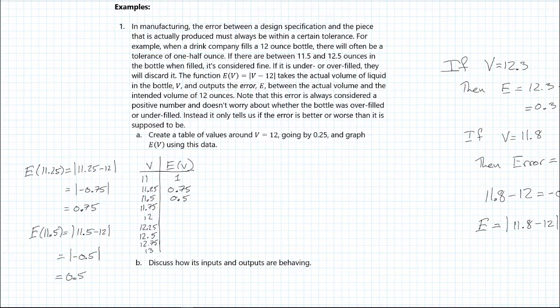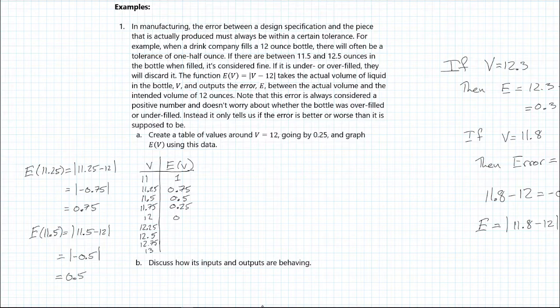And I can put that in the table. So we could do this by hand, or rather plug it into the function over and over again. But we can also just take the difference and think of it as positive. So the difference between 11.75 and 12 is 0.25. The difference between 12 and 12 is 0, so if it fills up to exactly 12 ounces, we have a 0 error.